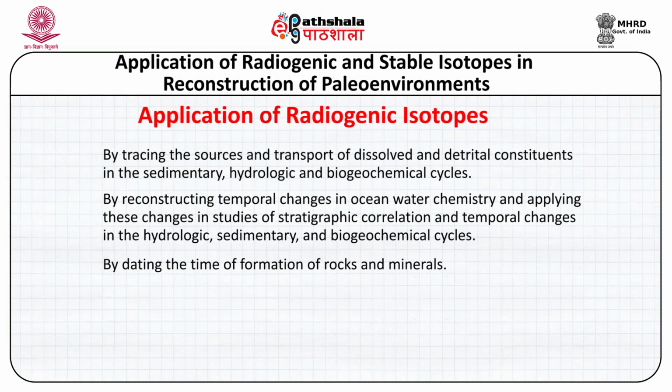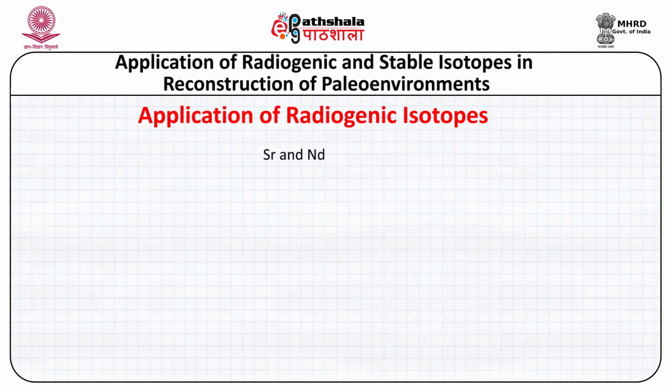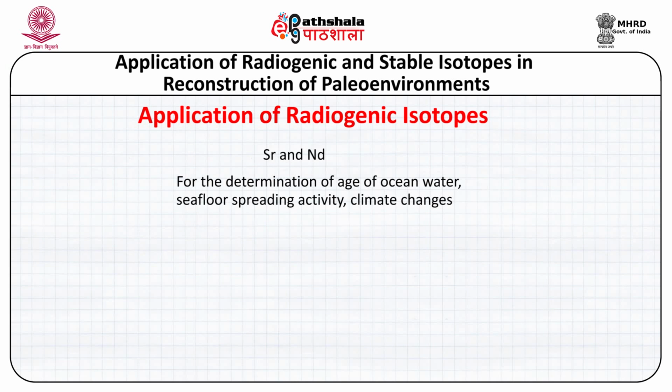Among the different radiogenic isotopes, the two most important ones we use in the sedimentary column are strontium and neodymium, and they are used in paleoclimatic study as well as the study of the age of the ocean water, seafloor spreading activity and other issues.